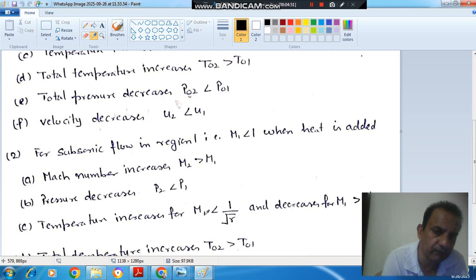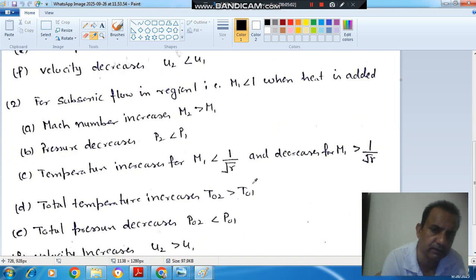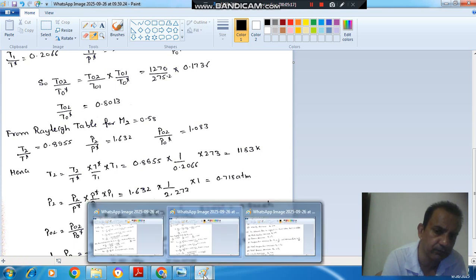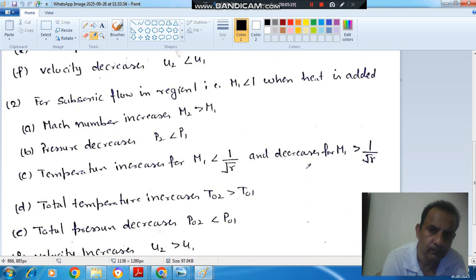Temperature increases for M1 less than 1 by root gamma, gamma is 1.4 here, and decreases for M1 greater than 1 by root gamma. So this is a standard result. In this case the final temperature is 1183 and initial was 2433.